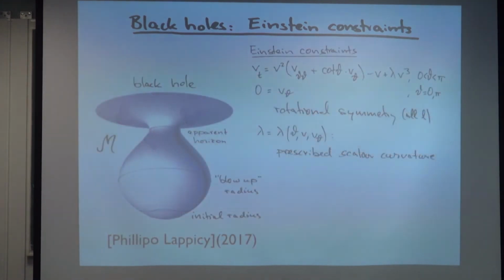Now, a student of mine, Filippo Lapisi, who is now in Brazil and in Lisbon and so on, he said, yes, but in all of your cases, there is a symmetry breaking where you still keep a rotational symmetry of your solution.